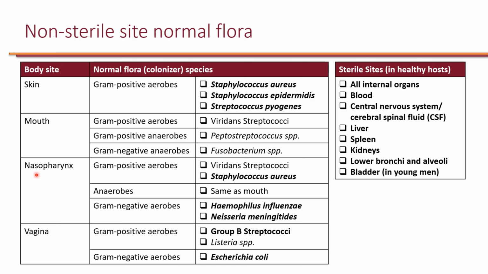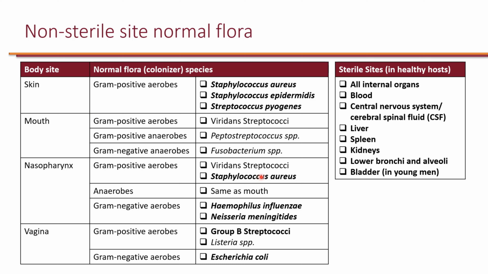And for the nasopharynx, again, Viridans streptococci and Staphylococcus aureus. The reason I have bolded some of these is that they are clinically important, so you should definitely know them. And this is important because, let's say somebody has an infection and you find Staphylococcus aureus in the nose.